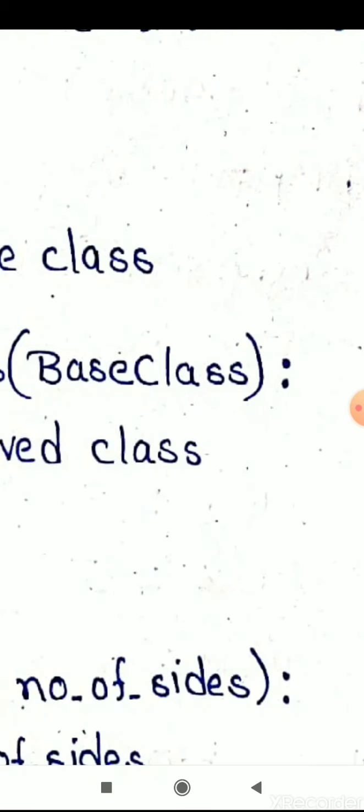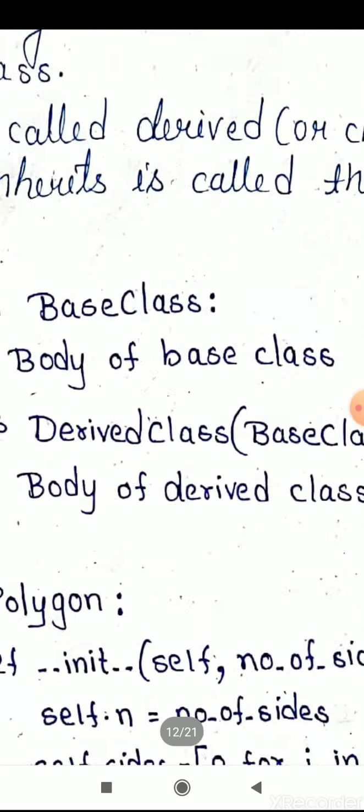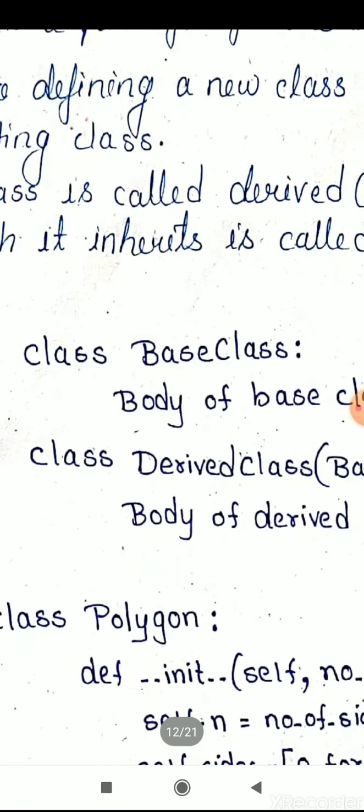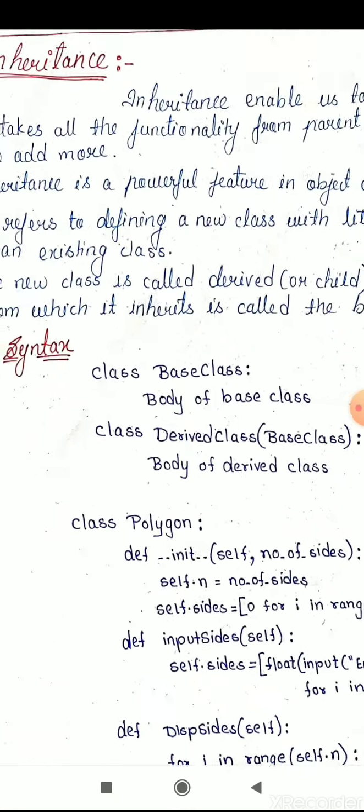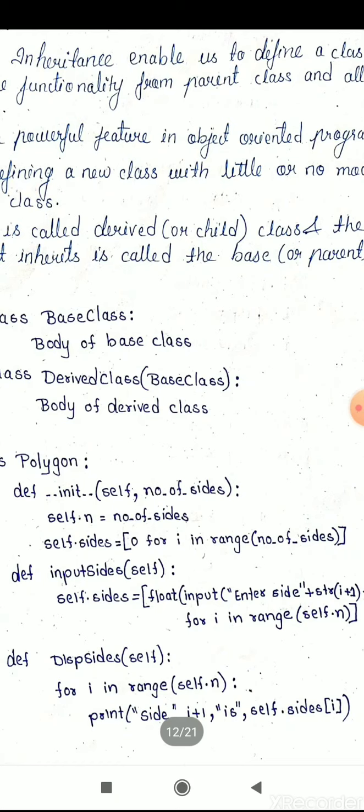So this base class name is nothing but the name of your old class, that is the original class, that is the base class or the parent class. So the name of that class is to be mentioned as the parameter to the derived class, and then we can have the body of the derived class.